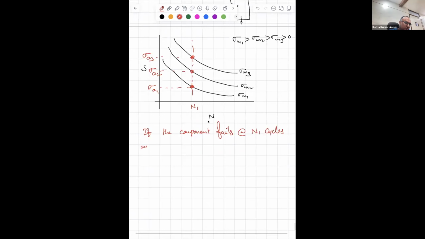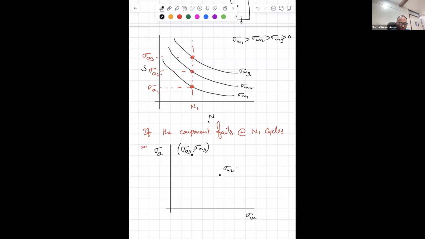If I plot a graph with x-axis sigma m and y-axis sigma A, this will be my sigma A3, sigma m3, this will be my sigma A2, sigma m2, and that will be my sigma A1, sigma m1.